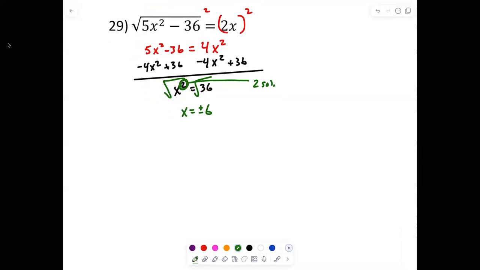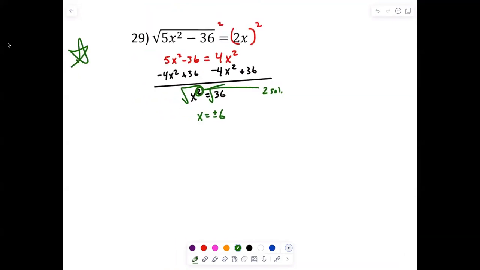Now, there's this thing in math called an extraneous solution. An extraneous solution just simply means that you did the problem correctly. Everything mathematically was correct, but it still doesn't solve correctly.